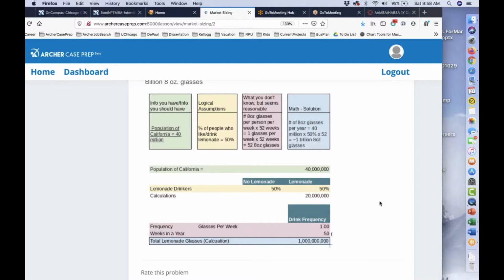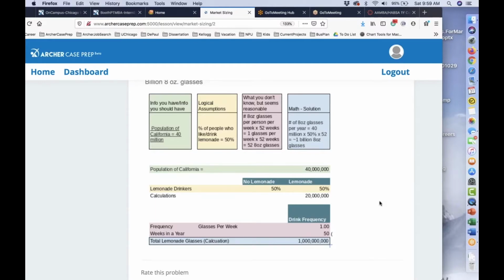Okay, so I had to really guess the population of California, but the way I did that was considering 330 million people in the US, and I just estimated 30 million for California, just a little bit under 10%.